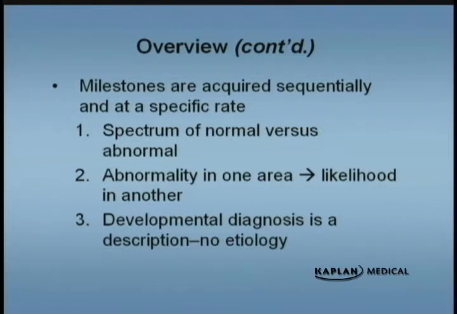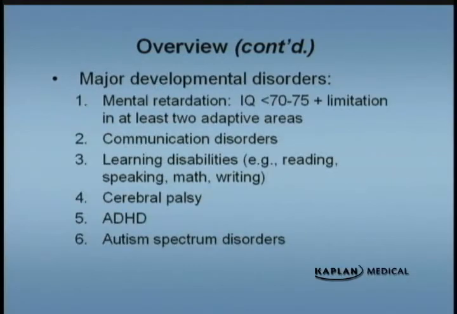When you're seeing developmental delays, you're actually just making a description. You're not actually making a diagnosis or finding the cause. You're making an observation, and then you need to find the cause. A major developmental disorder is going to be mental retardation. This is going to be made on an actual IQ testing plus a limitation in certain adaptive areas. There are also communication disorders.